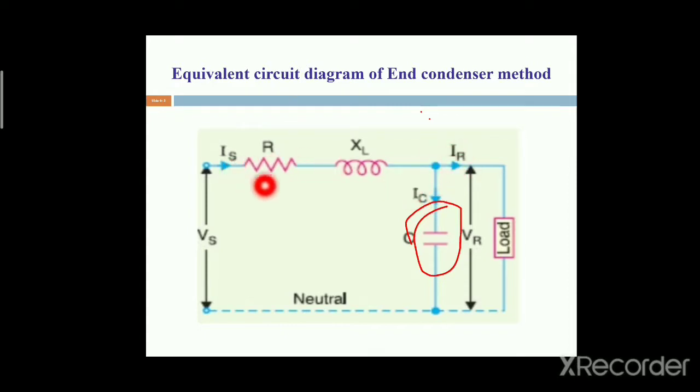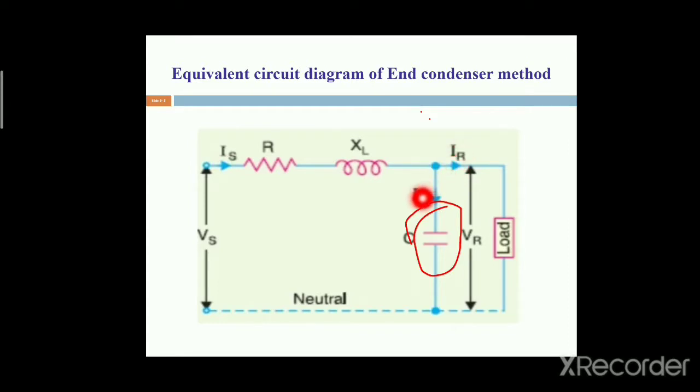What is the entering current at this node? The entering current at this node is Is. Therefore, Is is divided into two currents, because the entering currents will be equal to the leaving currents.